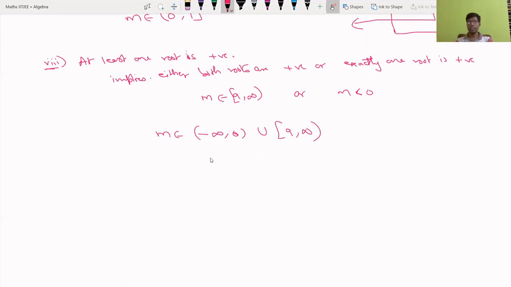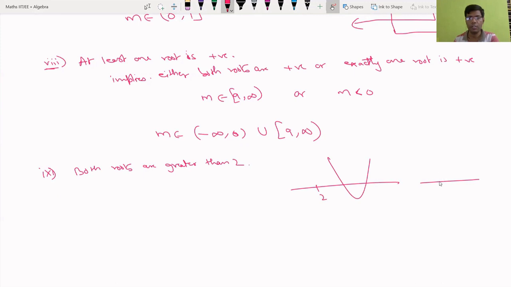So the next bit is both the roots are greater than 2. So this is my 2. It will be like this, or otherwise like this, or like this.